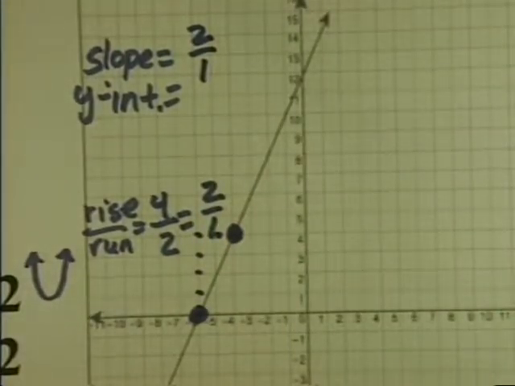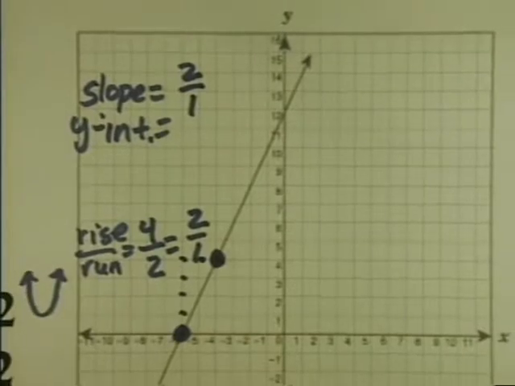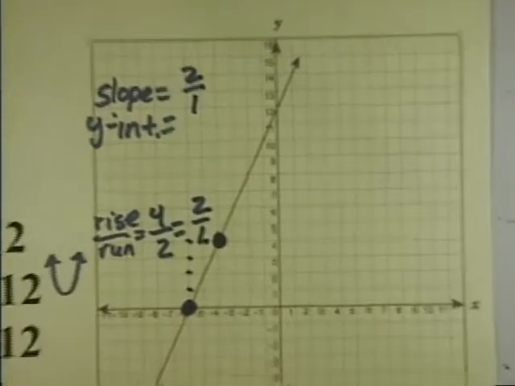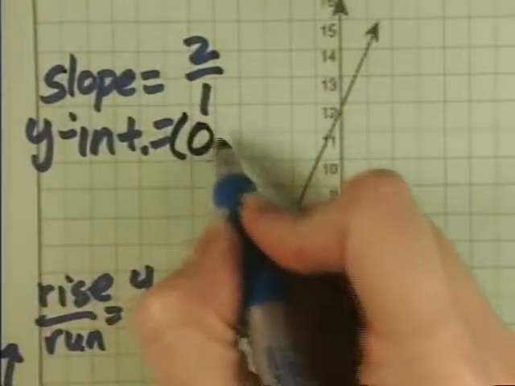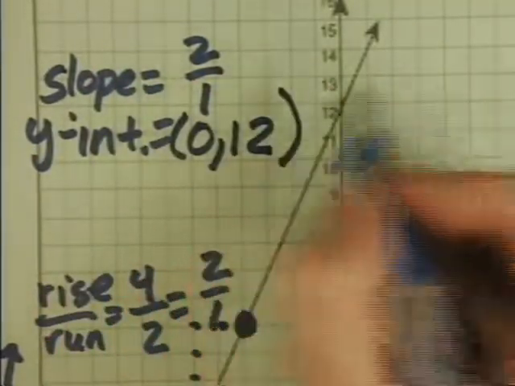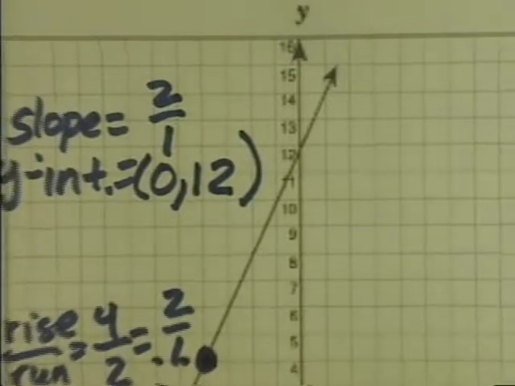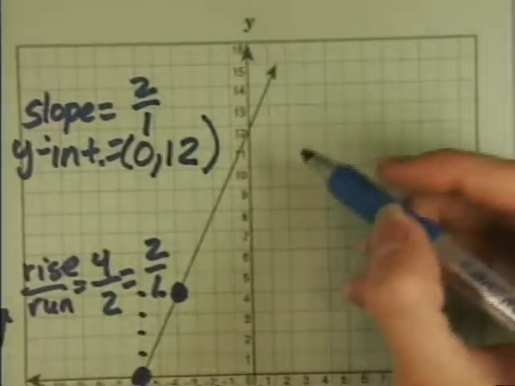Okay, tell me what my B is, your y-intercept. Can you see from there? Yeah. 0, 12. Good. I love how you said it as an ordered pair. Okay, so let's write it as an equation.